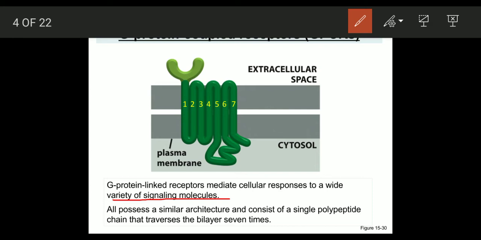All possess a similar architecture and consist of a single polypeptide chain that traverses the bilayer 7 times. As you can clearly see, this receptor is embedded in the membrane 7 times. So it is also called a 7 transmembrane receptor or serpentine receptor. This is the idea, guys.